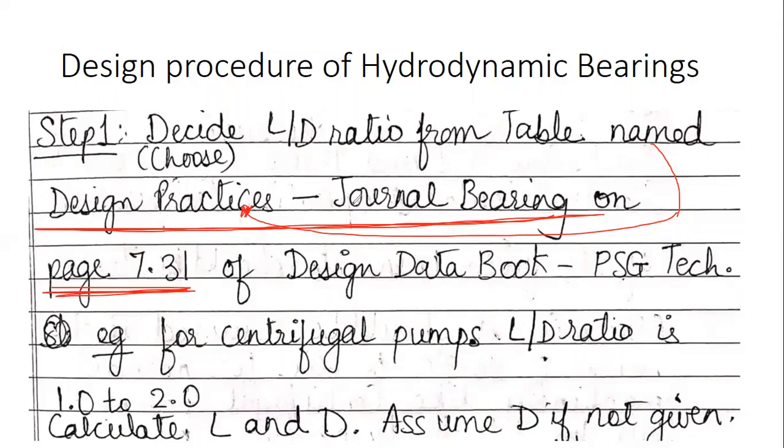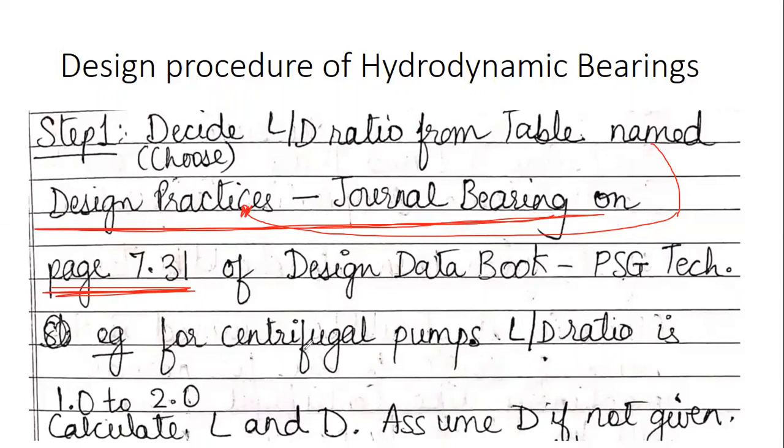For example, most of the numericals will be based on a centrifugal pump, and the L by D ratio for a centrifugal pump is 1.0 to 2.0. You can find that from this table of design practices of journal bearing on page 7.31 of the design data book.